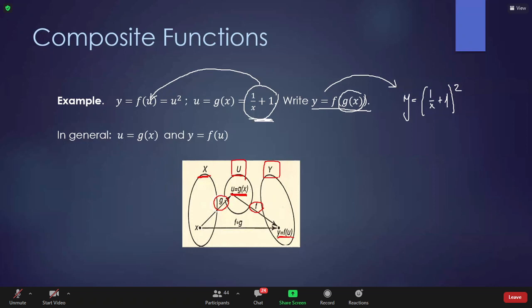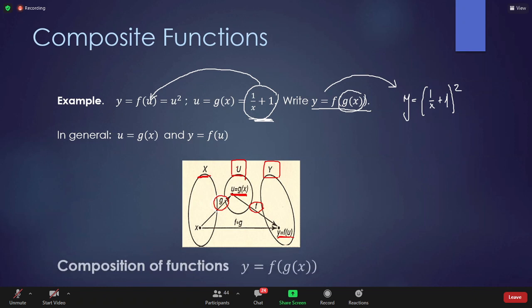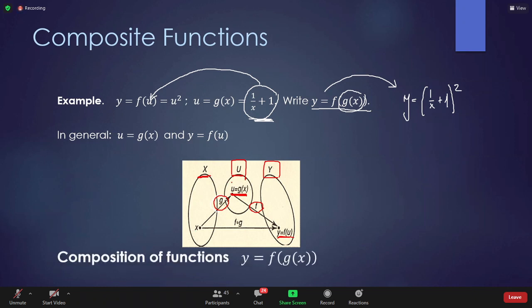So we have a two-level operation. In general, we call it the composition of two functions. We call the g function the interior function or the inner function. And the function f is the exterior function.